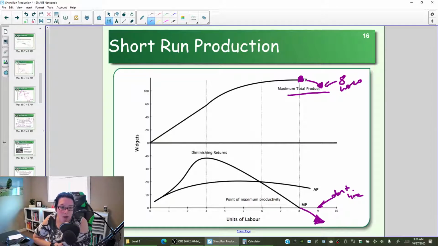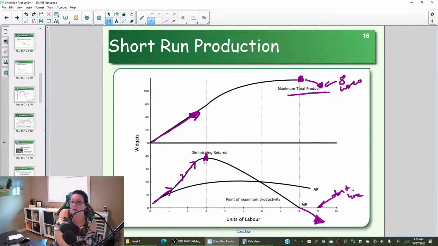Now, when you hire your first couple workers, we can see that they are adding additional units with each additional worker. Marginal product is going up, and you can see that total product is steeper. As we add more workers, we're getting more and more output. Then we hit a point of diminishing returns where there's no longer ability to specialize in additional tasks.